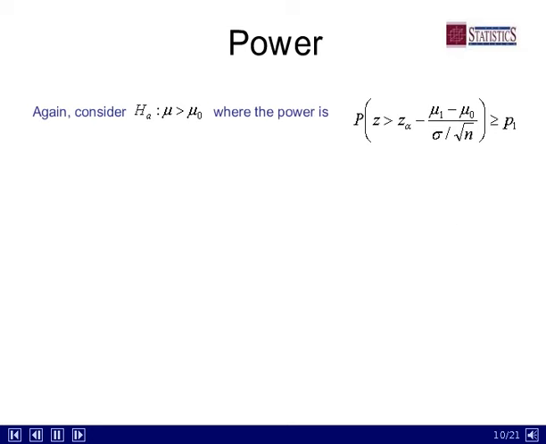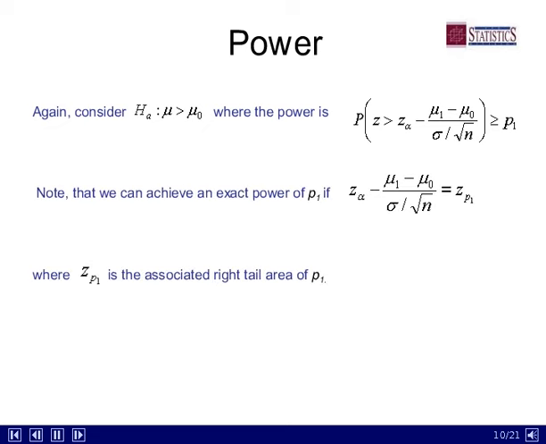Again, let's go back to our greater than hypothesis where the power is represented like that. Given a desired P1, I want to find n such that I get at least that probability, at least that power. I really can't achieve the exact power of P1, although we can write it down.